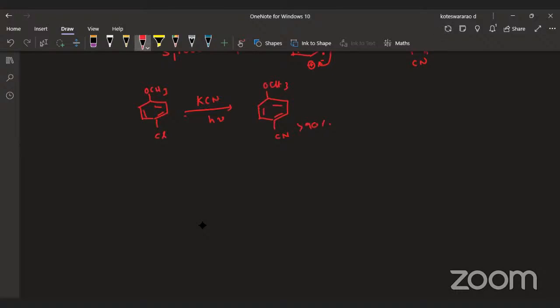Similarly, if it is fluorine, it will give the same product in 94%. If it is the nitro group, again the reaction is carried out in the presence of oxygen. Then the nitro group will not be replaced, but at the ortho position, substitution takes place. At the ortho position, the product is generated. Okay.